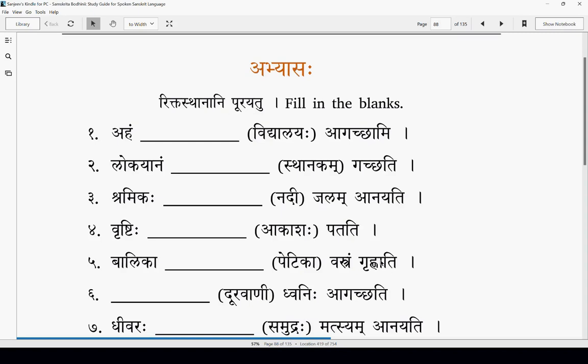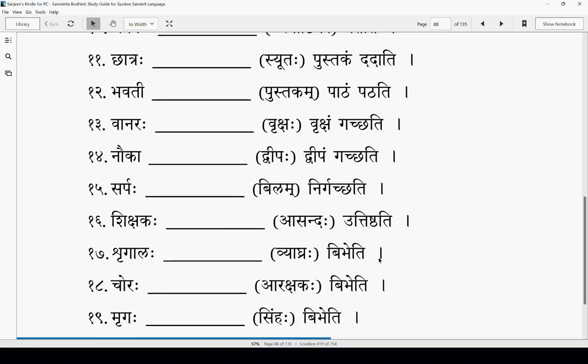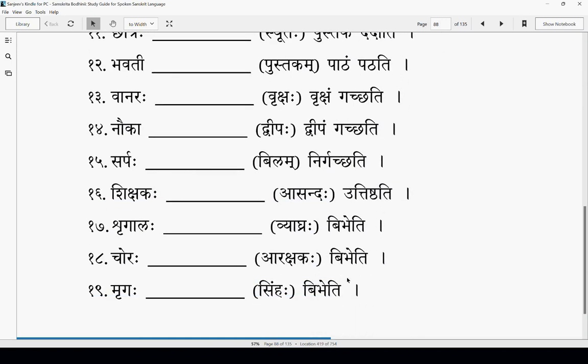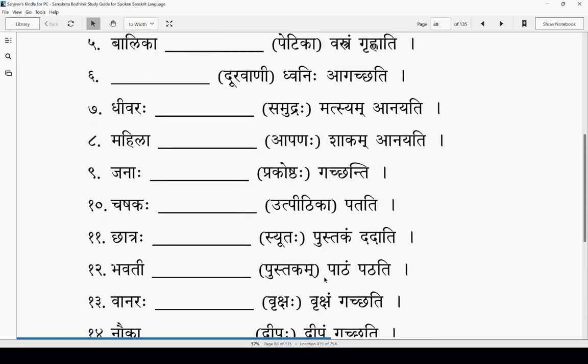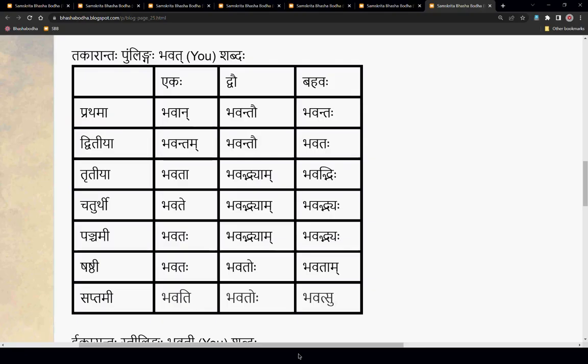So we have some words here, and Bibheti is also a word here. Gacchati. Bhavadbhyaha, using that, can we form a sentence? Bhavadbhyaha means from you all. Some sentence.